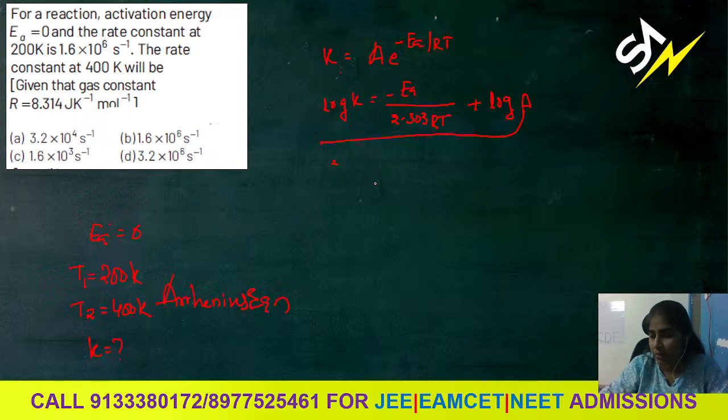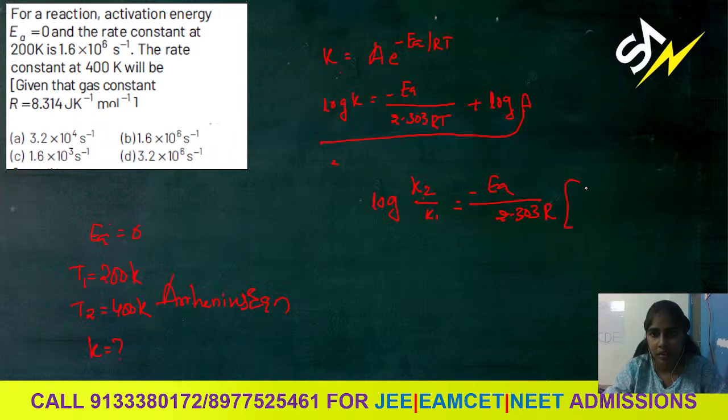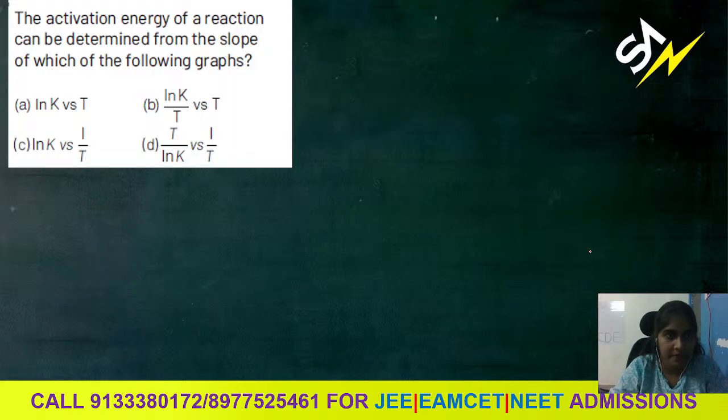If there are two rate constants and two temperatures in the Arrhenius equation, the equation will be log of k2 by k1 is equal to minus Ea by 2.303 R times (1 by T2 minus 1 by T1). So apply this in the equation, and you will get the required answer.